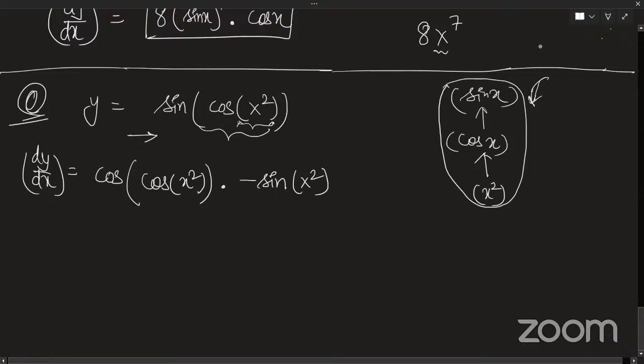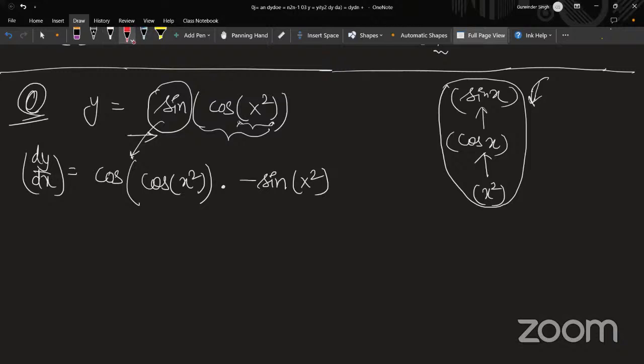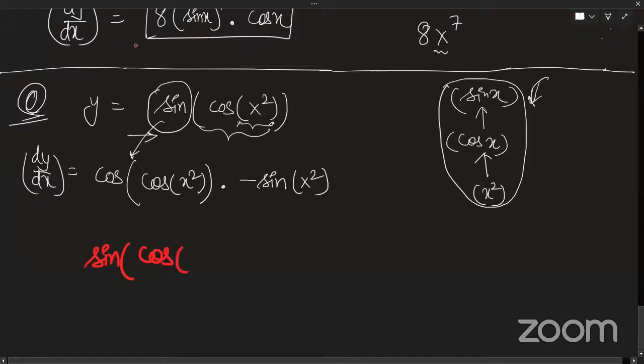Okay, so we are just following that bracket method. First I encountered sine. So what did it tell me? That I should take the derivative of sine. I did the derivative of sine. Okay, I'll change the pen over here. See, what did the chain rule tell me? The first function that comes, take its derivative. I did it. Whatever is inside it in the bracket, just copy it as it is. I did it, multiply it.